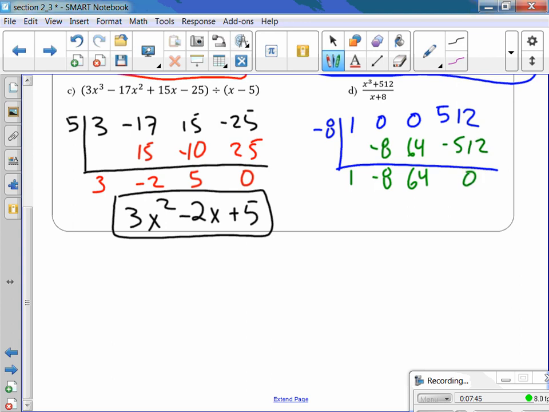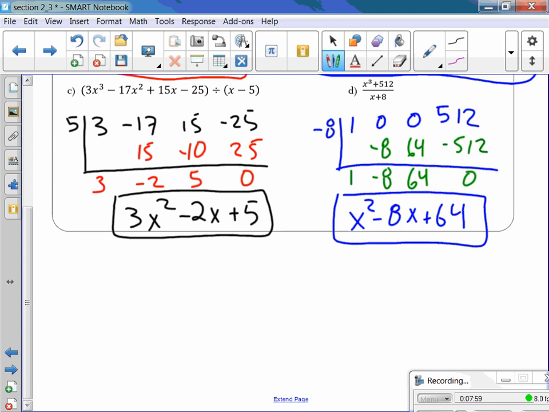So then x cubed plus 512 divided by x plus 8 gives us a quotient x squared minus 8x plus 64. Definitely a time saver doing synthetic division versus long division, especially when we have that x minus k as a divisor.